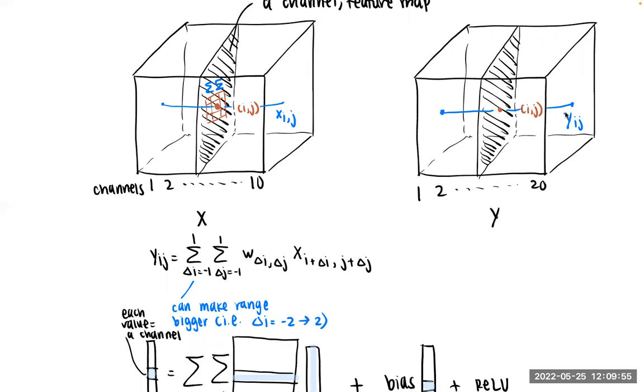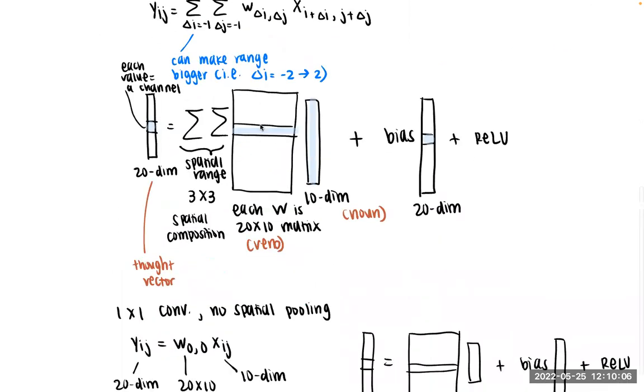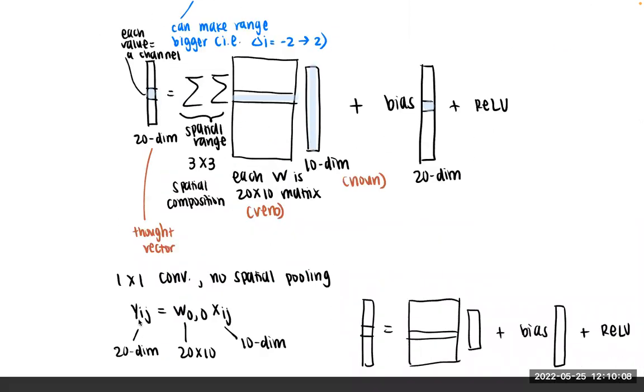This vector Yij is only transformed from the vector Xij, no spatial composition whatsoever. In particular, this Yij is simply W00 times Xij. You can also add a bias and the ReLU. Okay, so this is the so-called one-by-one convolution.